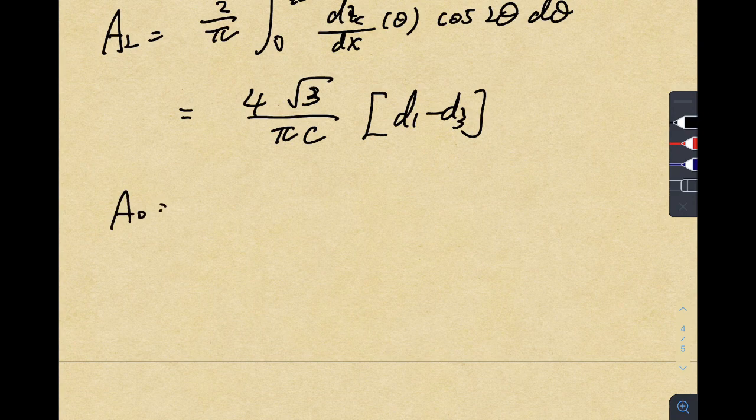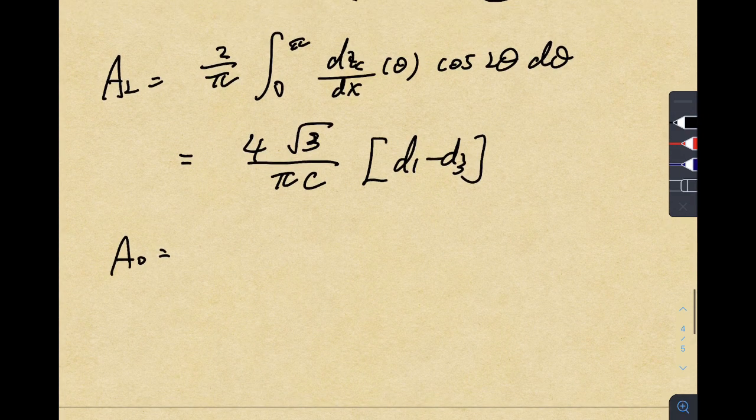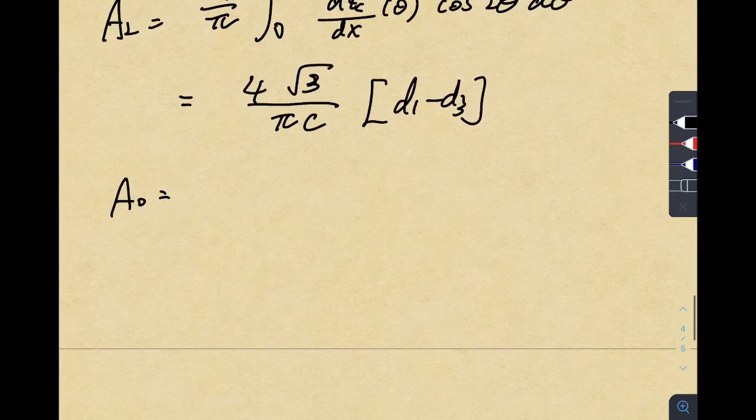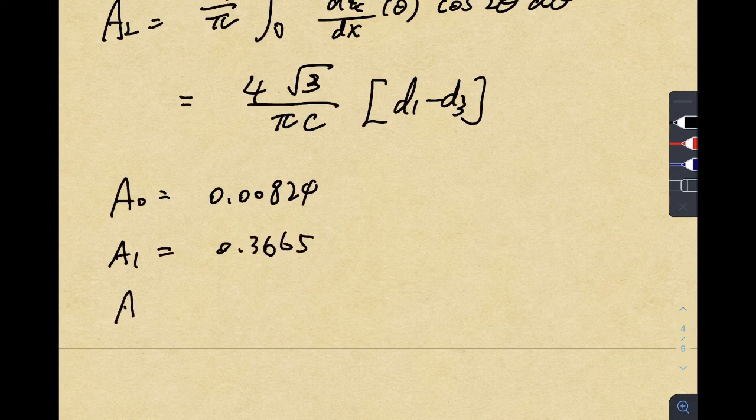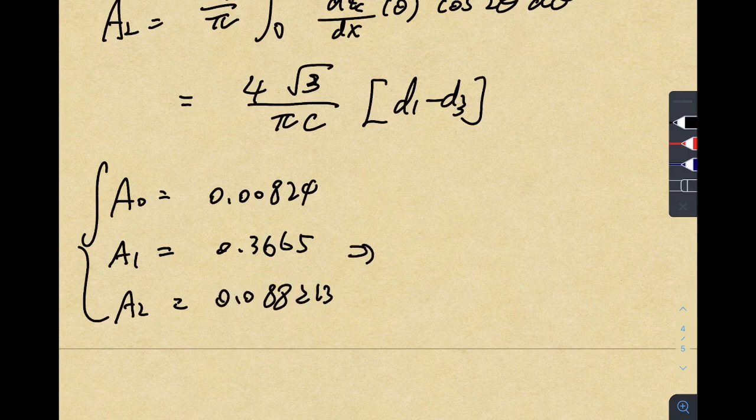Okay, so the numerical values for A0, A1, A2 are shown here. I just plug everything inside. This is the numerical value I get, and I just need these values.